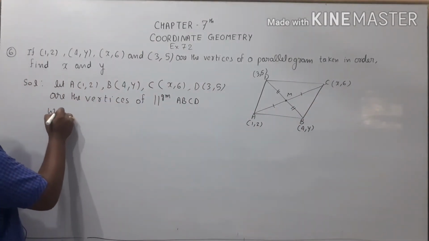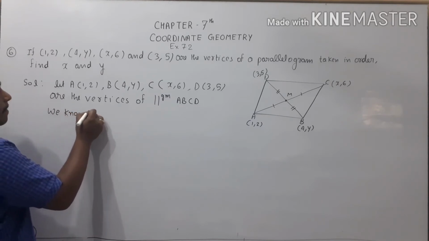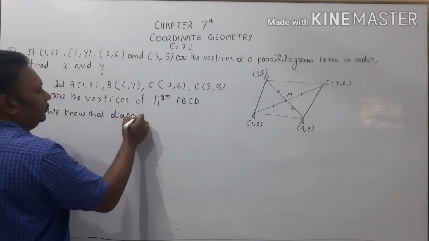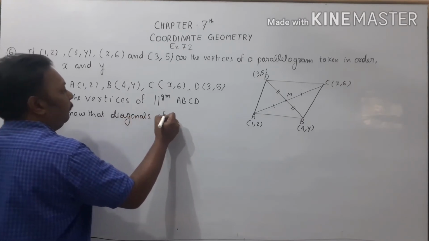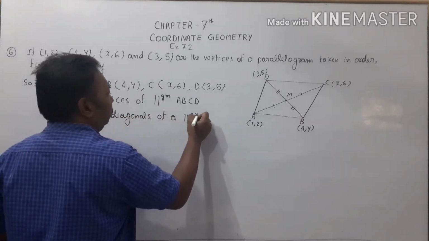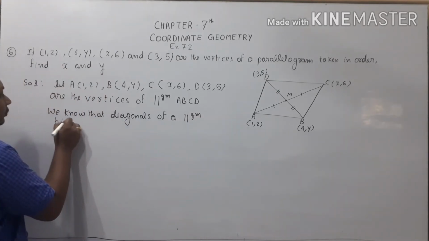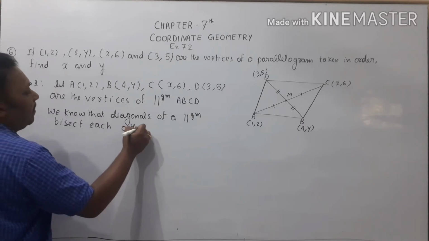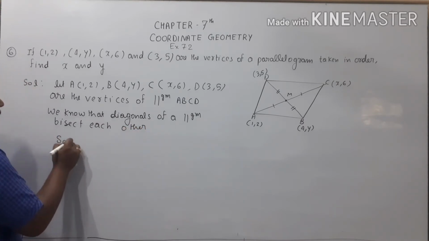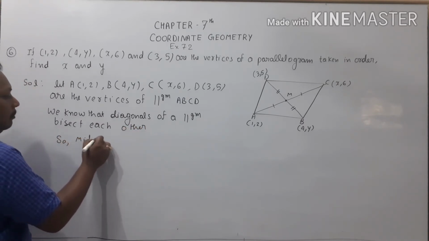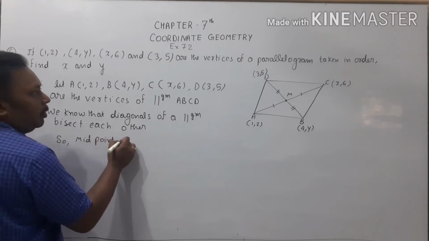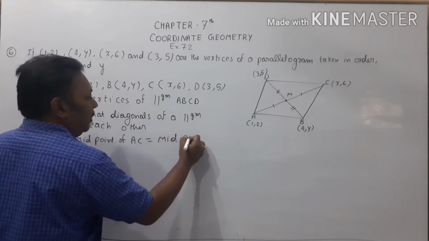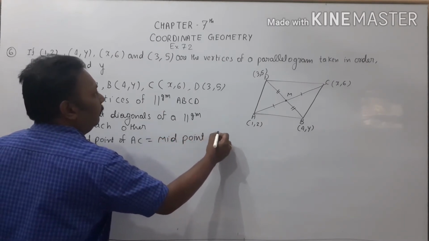We know that diagonals of a parallelogram bisect each other. So midpoint of AC equal to midpoint of BD.